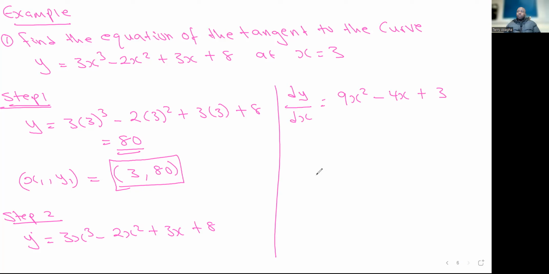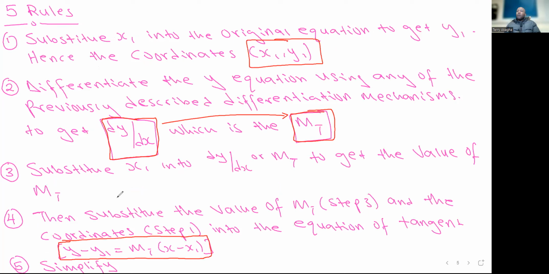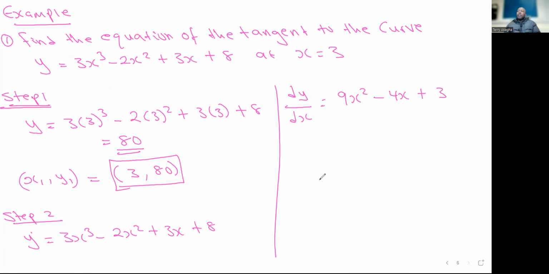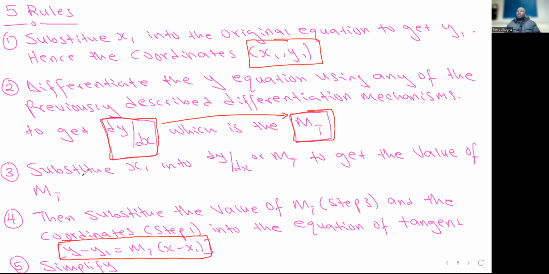This is the derivative. But step 3, we need to get the value of mt, and it's very important to get it. How do you do it? We substitute x1 into the dy over dx we got from step 2.